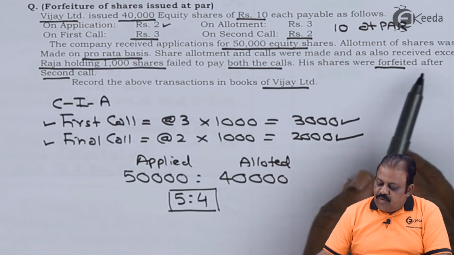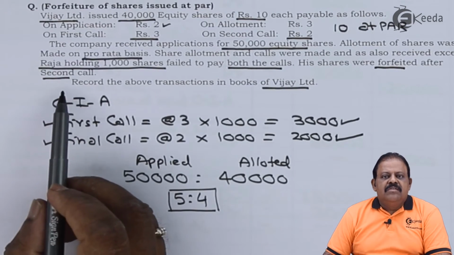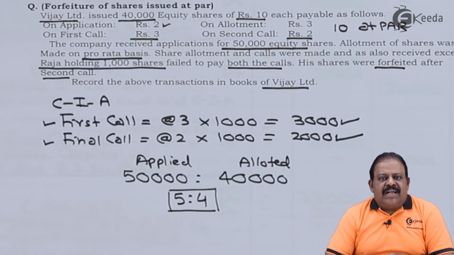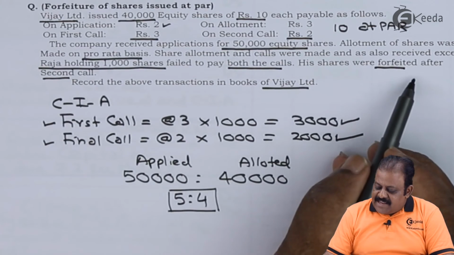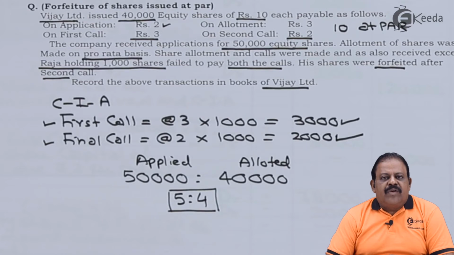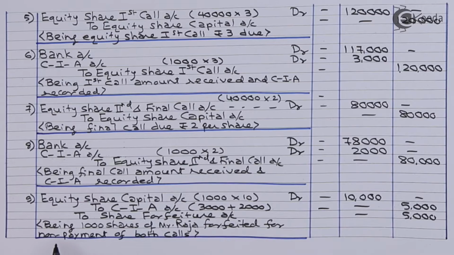His shares were forfeited after the second call. So the company has forfeited Raja's 1,000 shares after the second call. So we are required to record an entry for forfeiture of shares. For forfeiture of shares, we are required to debit equity share capital account. Capital has a credit balance.